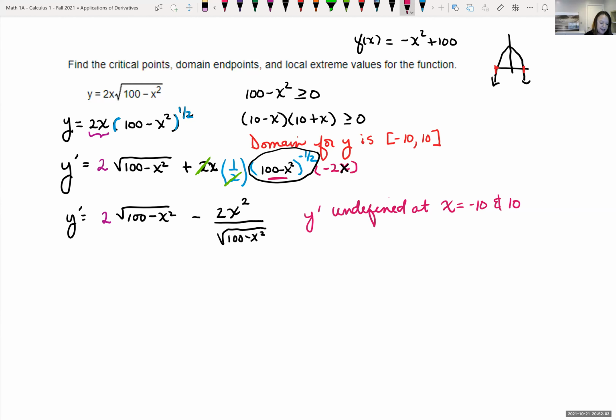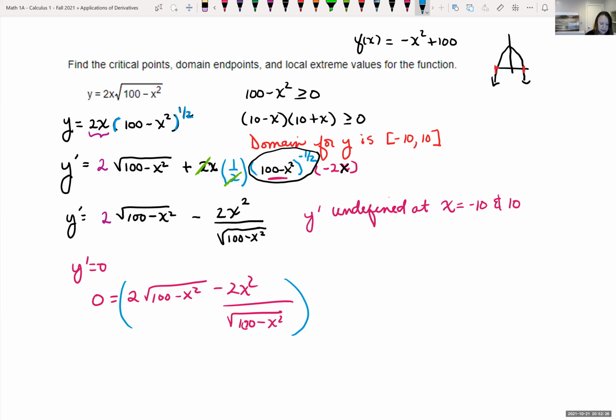We also want to find out when is our derivative equal to 0. So we have 0 is equal to 2 square root of 100 minus x squared, minus 2x squared, all over the square root of 100 minus x squared. Let's clear our fraction. Let's multiply both sides by the square root of 100 minus x squared.